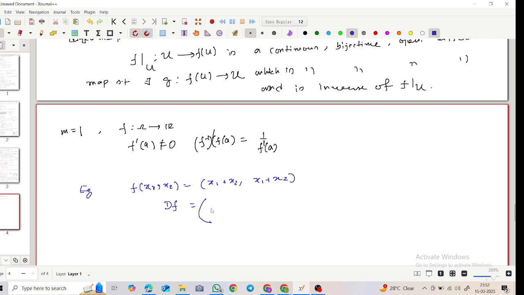This is the derivative with respect to the first variable, that is x1, and it is 1. All four entries are 1, so that is not true. This won't work.